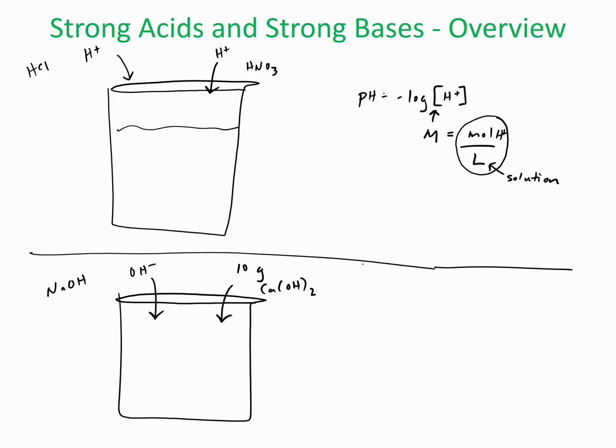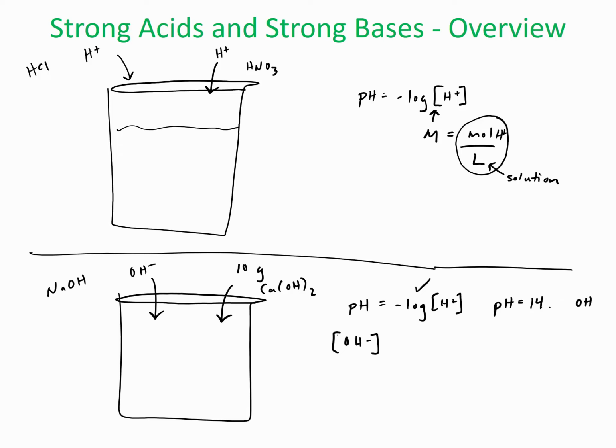So when we do this problem, again, pH is the negative log of H plus. If we solve this problem, we're going to try to get OH first, because that part's easy. You could just go pH equals 14 minus the pOH.